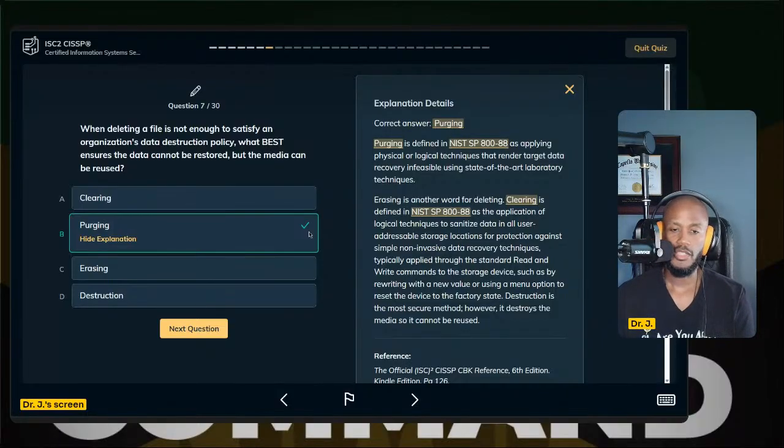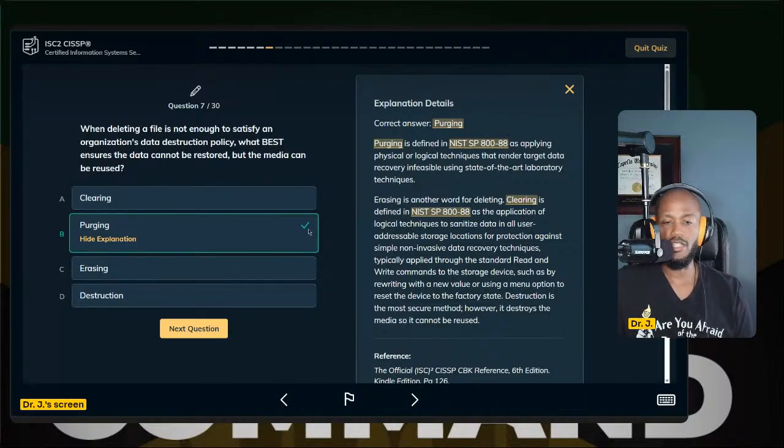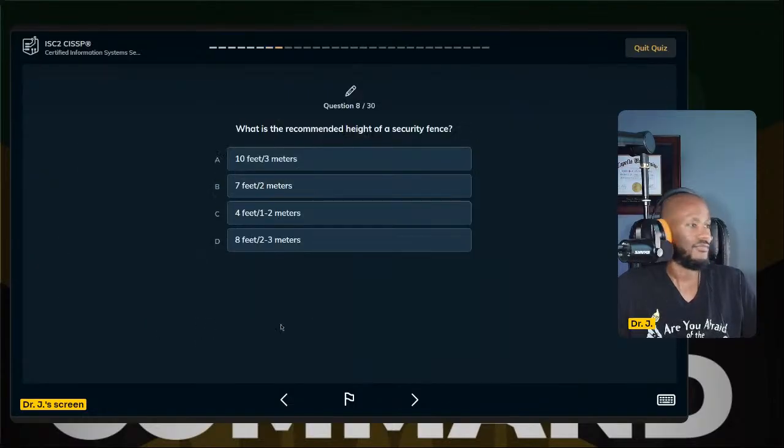Clearing is defined as the application of logical techniques to sanitize data in all user-addressable storage locations for protection against simple non-invasive data recovery techniques. That's typically applied through the standard read and write commands to the storage device, such as rewriting a new value or using a menu option to reset the device to factory state. Destruction is the most secure method. However, it destroys the media, so it can't be reused.